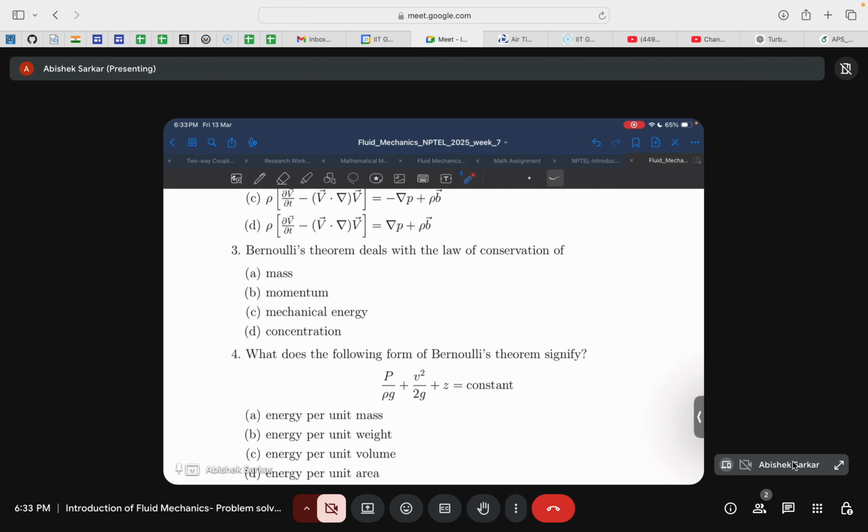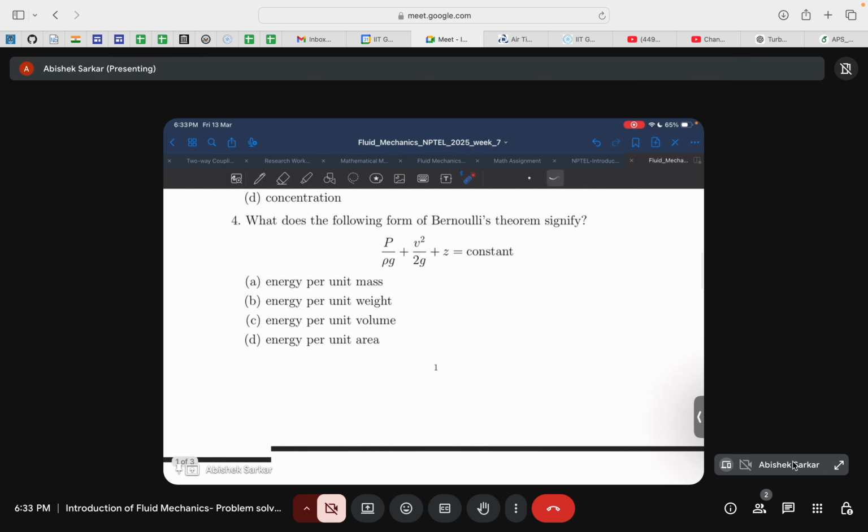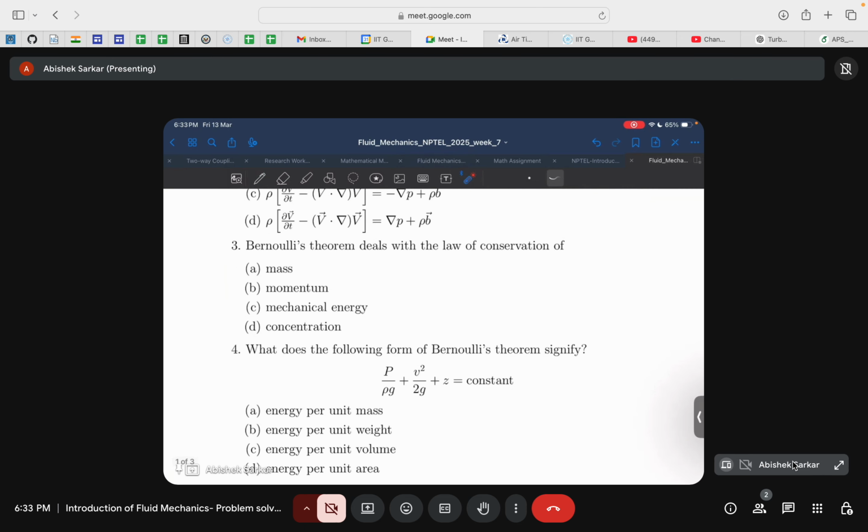Mass is conserved in our case, but we already saw the form of the continuity equation, the mass conservation equation. It was different from Euler's equation, so it cannot be mass conservation.